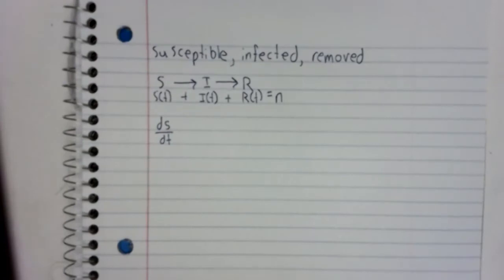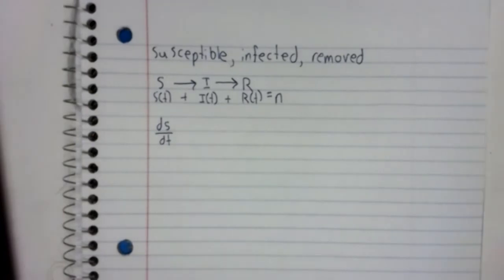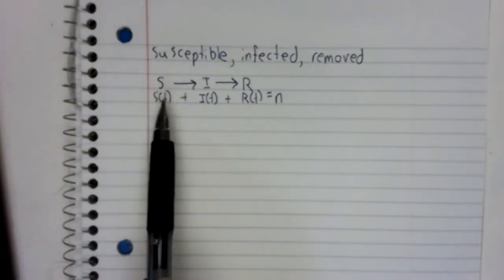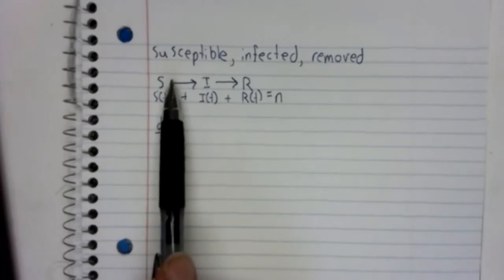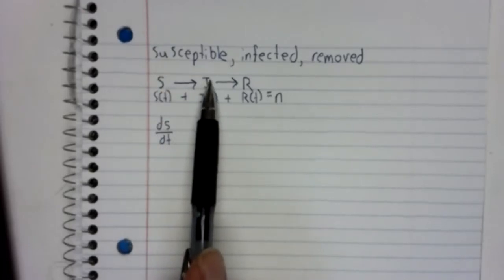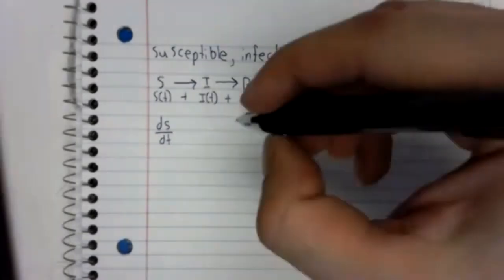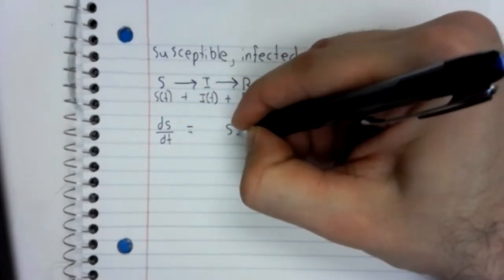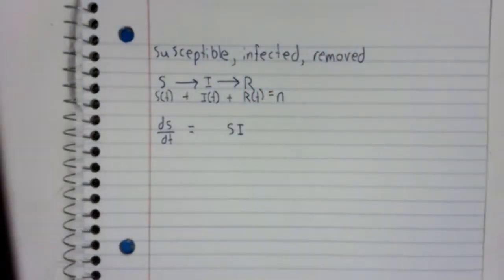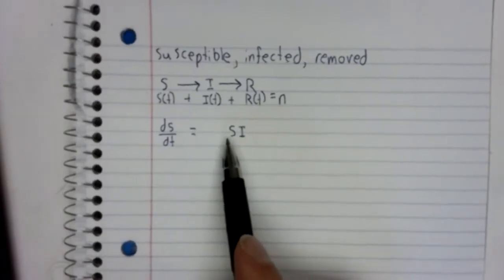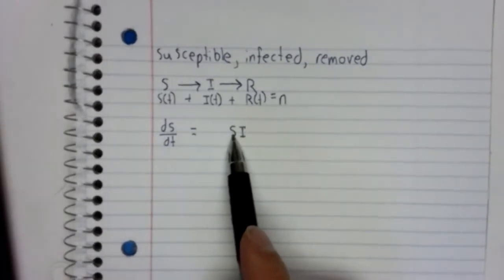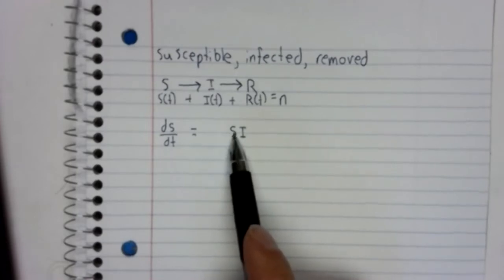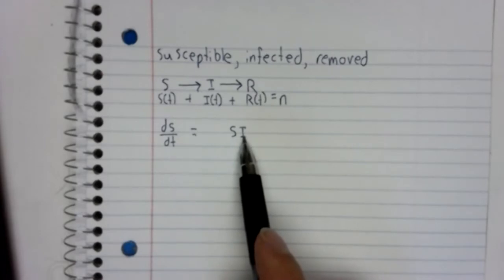Well, to calculate the number of infections over a small time interval, remember that the only way to leave S is by being infected and going into I. We'll start with S I. This is the number of possible ways that a susceptible person and an infected person could interact.